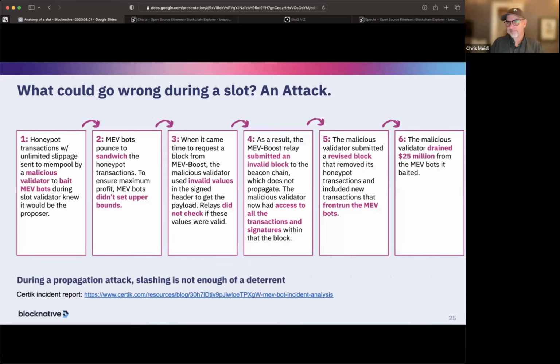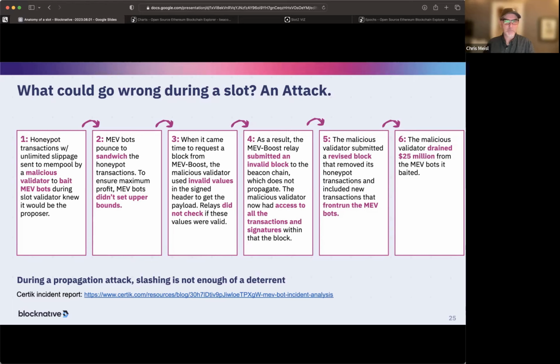Other things can go wrong and have. So in April, we had a pretty interesting event where a validator saw an opportunity to basically fake out the system. What they did was create honeypot transactions that were not very good trades on tokens, probably with relatively low liquidity pools, and they didn't put any kind of boundary on the slippage for those transactions.